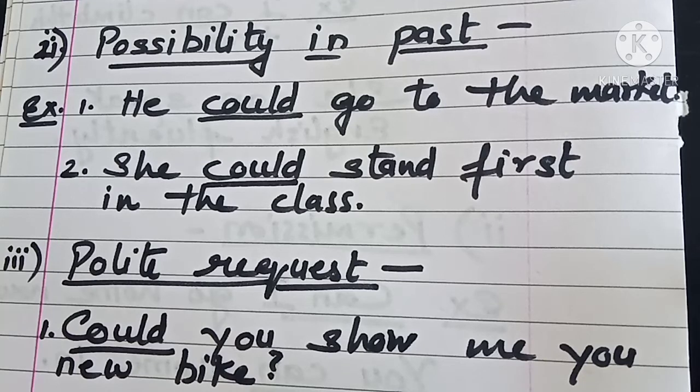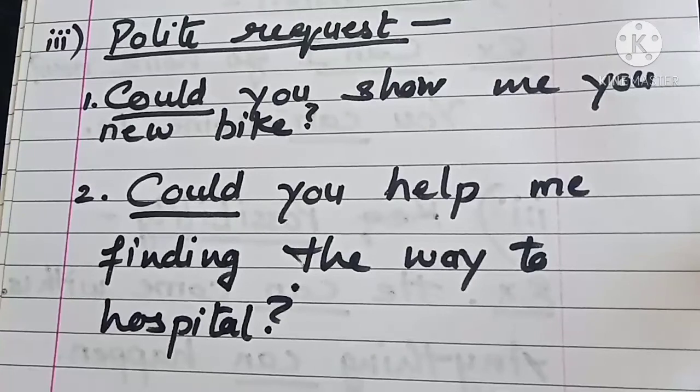Now the third use of could is polite request. We use could to make polite requests. How? I'll show you. We have an example. Could you show me your new bike? This means someone is politely requesting his friend to show him his new bike. Another example is, could you help me find the way to the hospital?